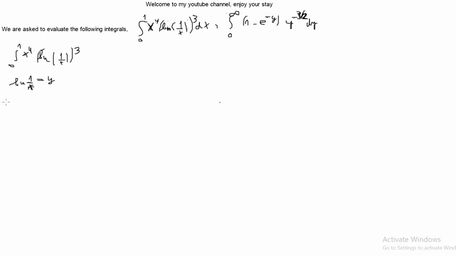Okay. When we do the derivative, 1 over x is just x, and the derivative of the inside is negative 1 over x squared, equals dy. So this is negative 1 over x dx equals dy, dx here too.